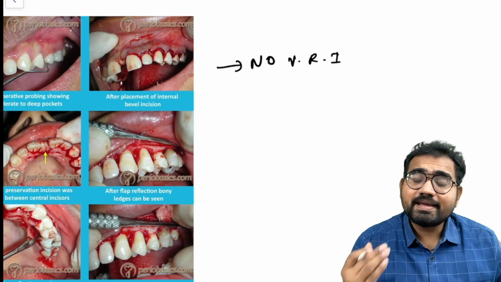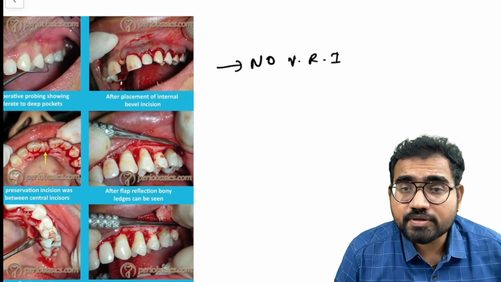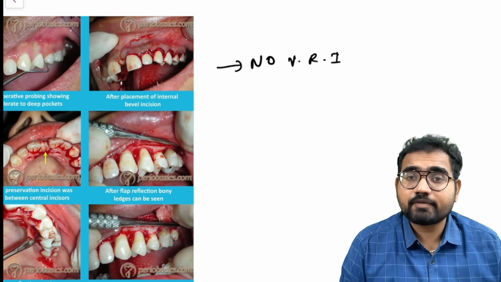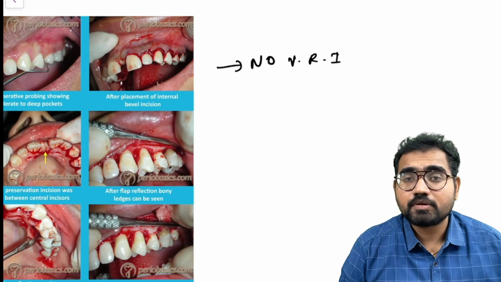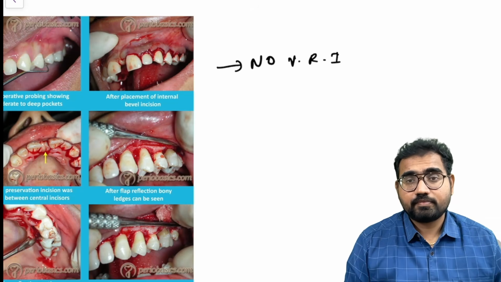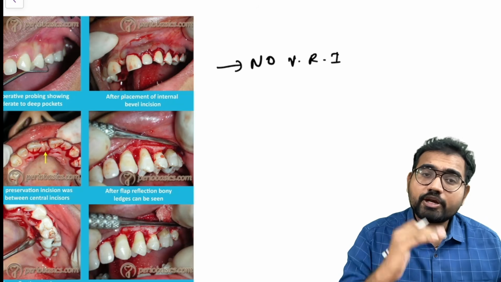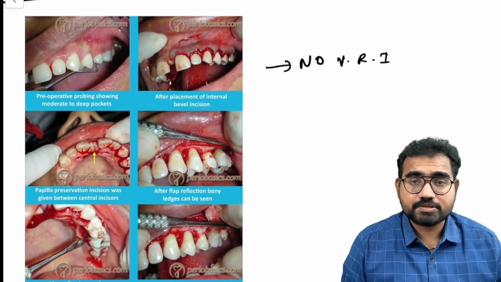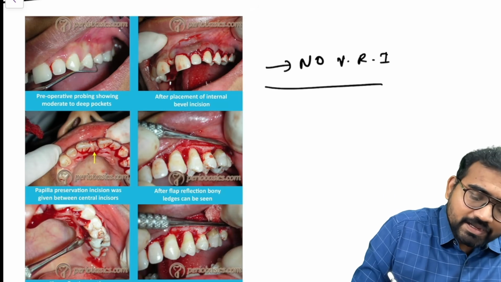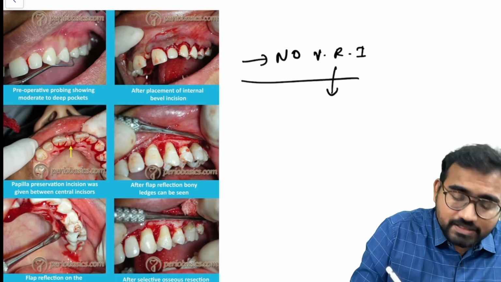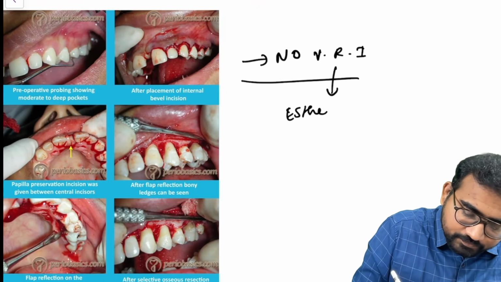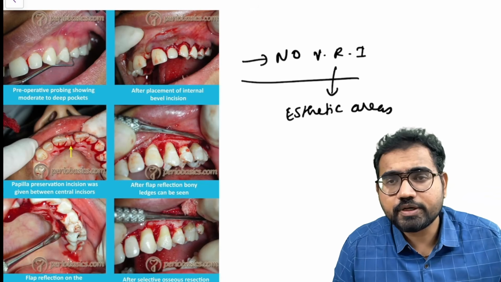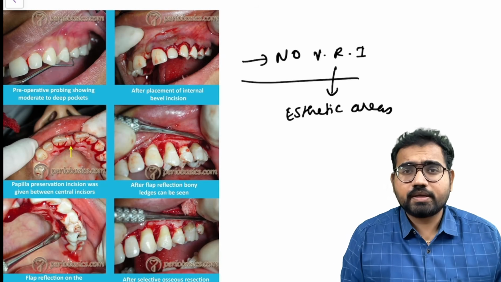So I should think twice or thrice before doing an original Widman flap or a Newman flap in the anterior region. Whereas in the modified Widman flap there are no vertical releasing incisions, so I can easily use it in aesthetic areas, right?